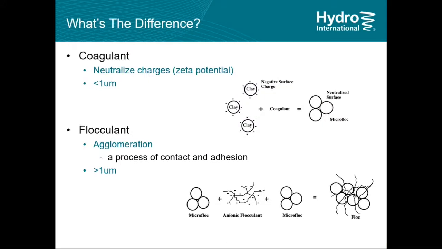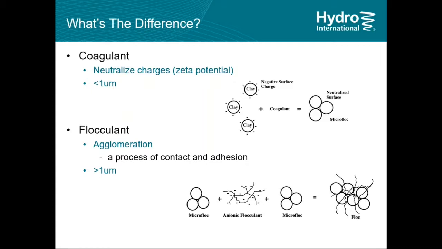So what's the difference between a coagulant and a flocculant? Turns out there's really quite a difference. A coagulant essentially is something that has a charge, and it neutralizes the charges. So this picture shows clay. So they're negative to negative charges. Think of them like magnets. The same polar part of the magnet repels each other, and that's exactly what happens with particulates.